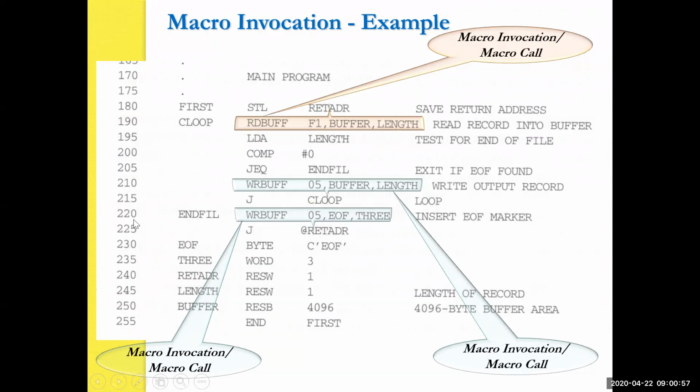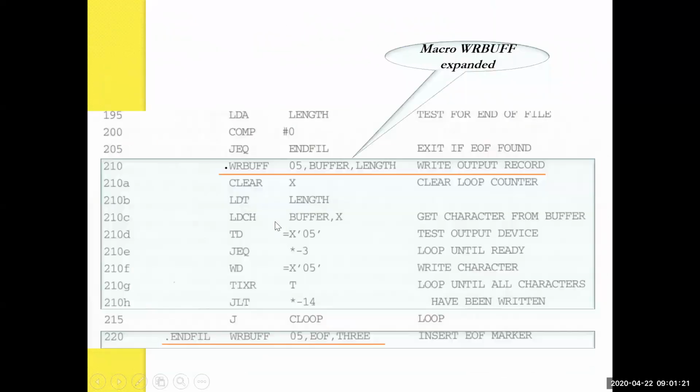The following statement in line 220 is again a macro invocation statement, which again invokes the macro WRBUFF, but with the arguments 5, EOF and 3. Please note this particular statement has a label which has to be generated or retained in the expanded file as a label for the first statement of the expanded macro WRBUFF. So we will look into it now.